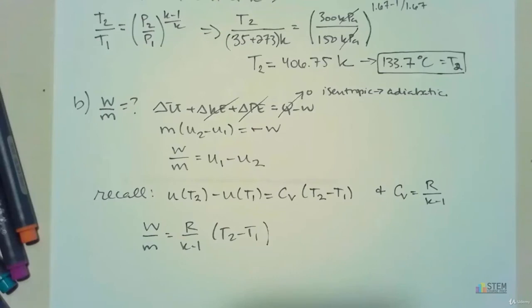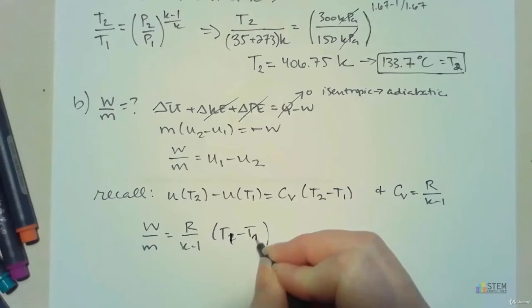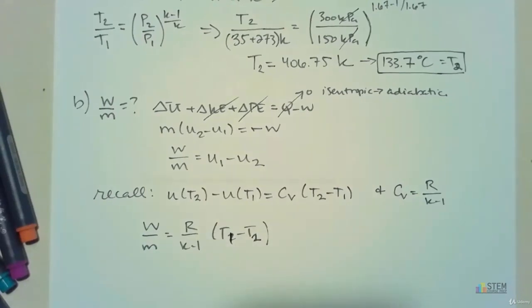Now looking at that equation, did I write that correctly? Nope, I didn't. I was copying this from here, but if we look here, W over m is U1 minus U2. Notice this down here is U at T2 minus U at T1 equals this. So we need to flip these subscripts around. This one needs to be T1, this one needs to be T2. So make that correction. It's easy to screw up with all these subscripts we've got.